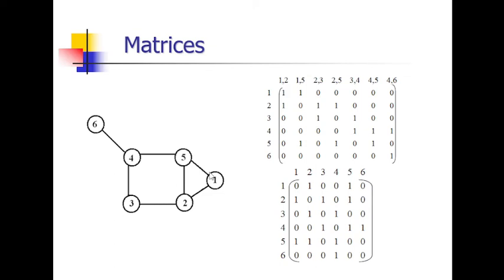See this one. This is the matrix representation of this particular graph. So you can see that here 1, 2, 5, 6 are the nodes. What are these, 1 2, 1 5 and all this?